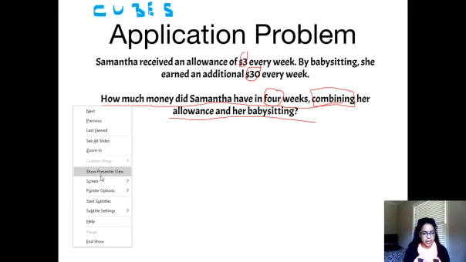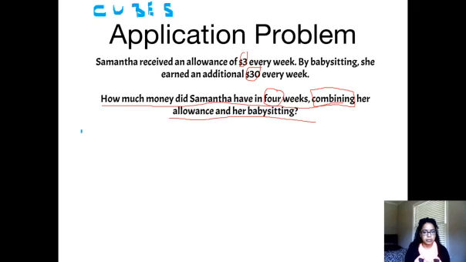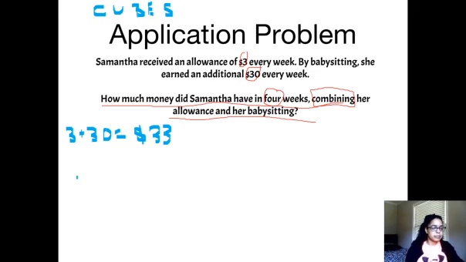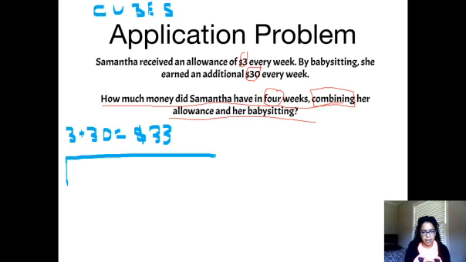So I'm going to switch back to my highlighter. So let's do 3 plus 30, and that gives us, because we're talking about dollars here, even though I didn't put it here, just trying to save space, $33. Let's go ahead and do our tape diagram.